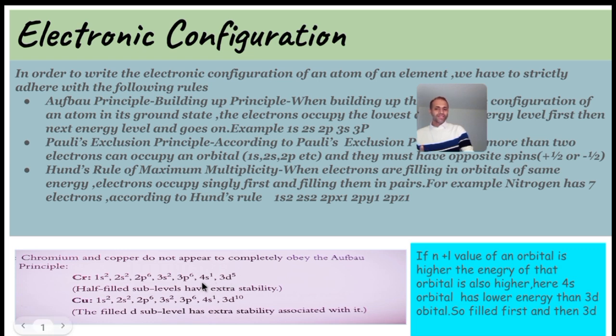But why is this happening? If you go to copper, you can see the same thing. The 4s keeps one electron, and 3d gets 10, so 3d10 in copper. In chromium, 3d gets 5, so this is half-filled. There are 5 d orbitals, so they are singly filled, and in copper all the d orbitals are filled in pairs.